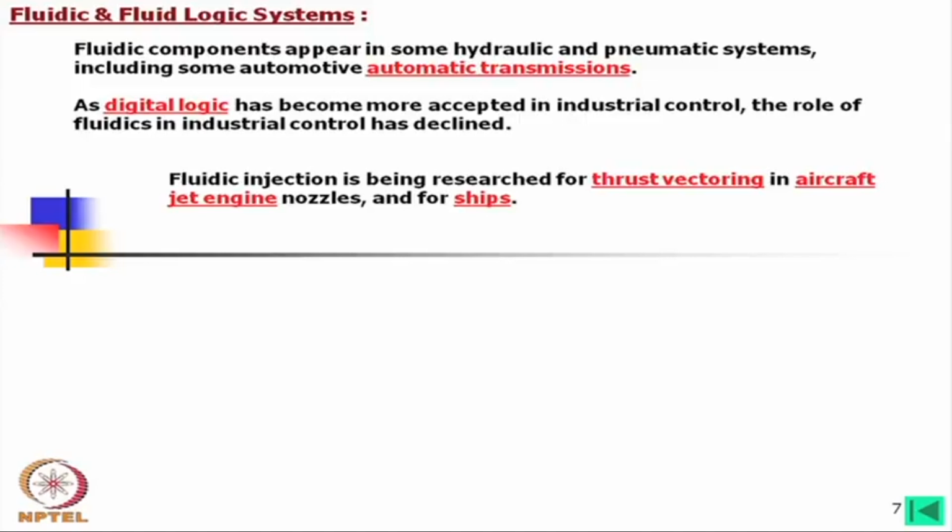So, only the fluidic principle is being used for fluid injection in jet engines, mainly in ships and aircraft, because their function is more efficient with less consumption of fuel and increases efficiency.